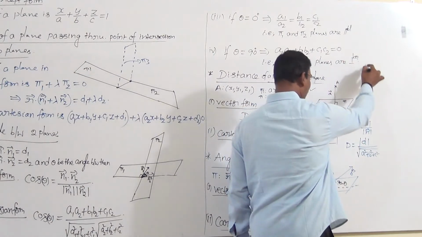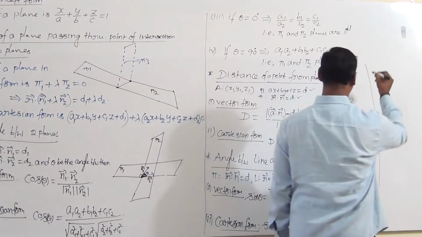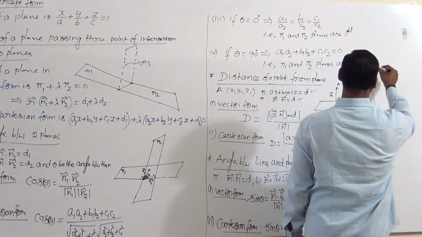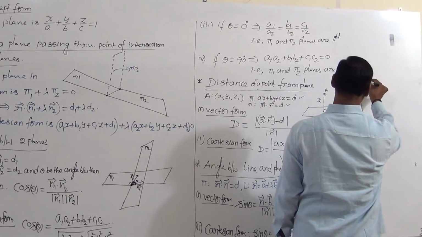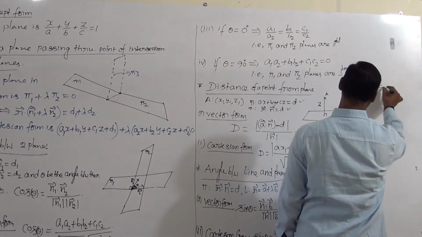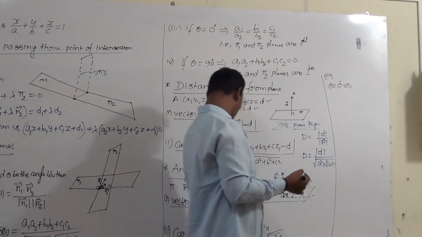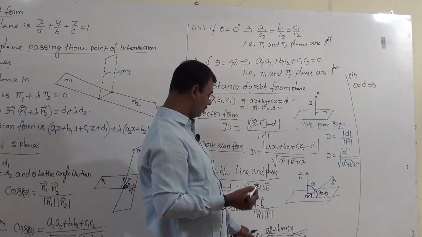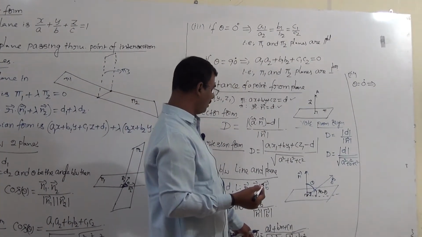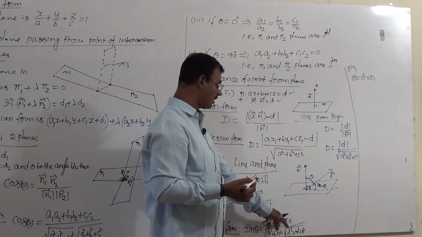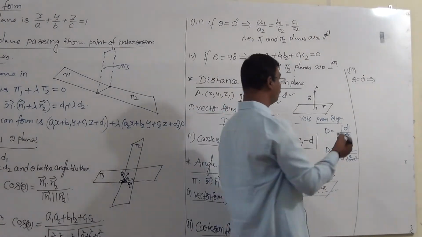Here also we have conditions. Remember the third one: if line and plane are parallel, that means theta is equal to 0 degrees, sin 0 is 0. We get al plus bm plus cn equal to 0.